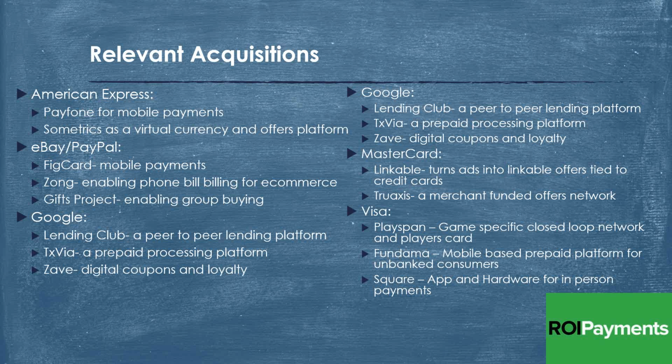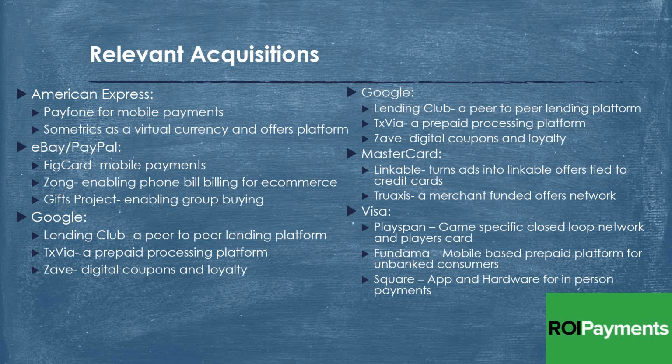As you can see, American Express, Visa, and MasterCard have made significant advances into mobile payments, into loyalty and gift cards. You notice there the PlaySpan acquisition by Visa. PlaySpan is an e-wallet or a gift card that is used specifically in the realm of digital games, and Visa wanted to stay relevant, so they bought PlaySpan to continue to compete in those games.